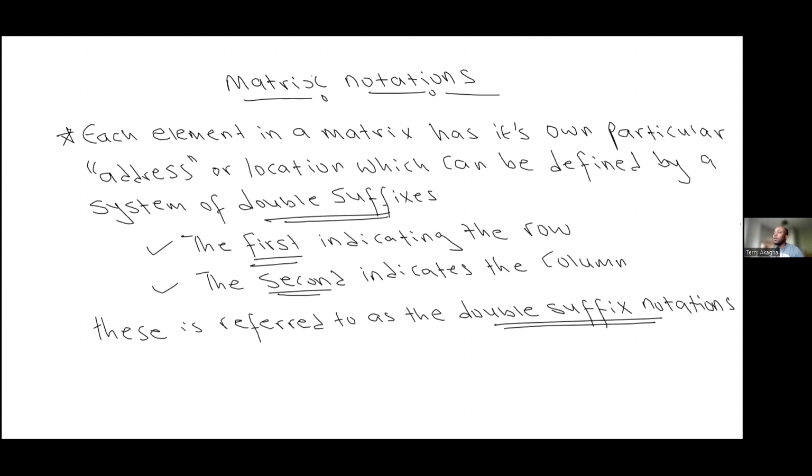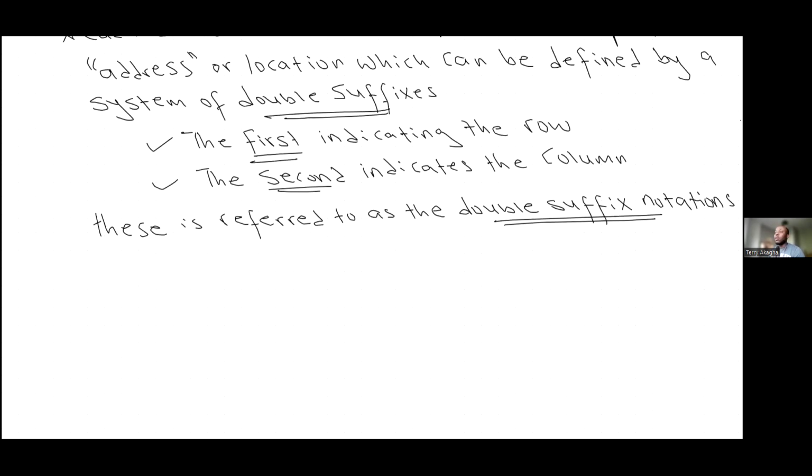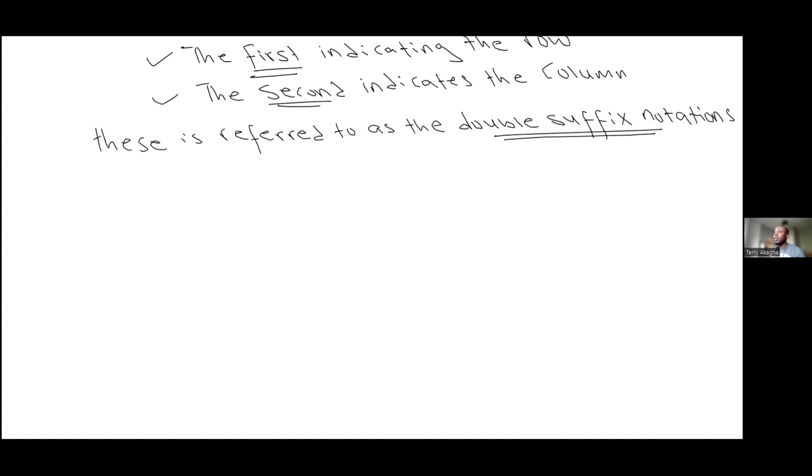Okay, so let me give you an example. If you have a particular matrix, you can represent it as A. So this is the first row, first column. Are you seeing it? The element in the first row, first column.